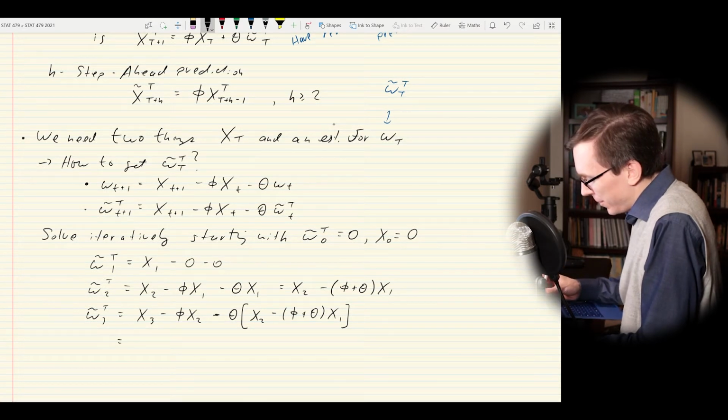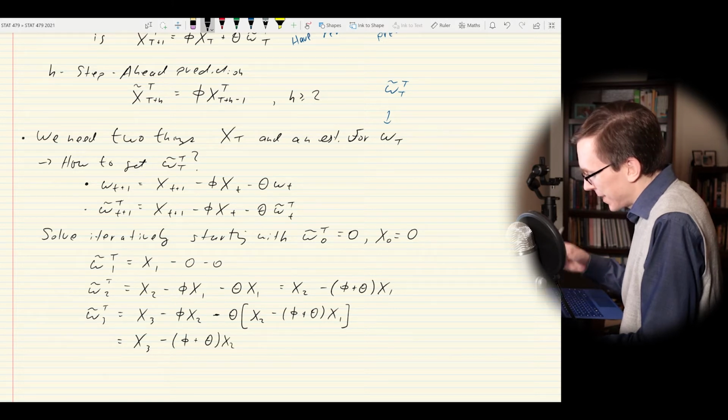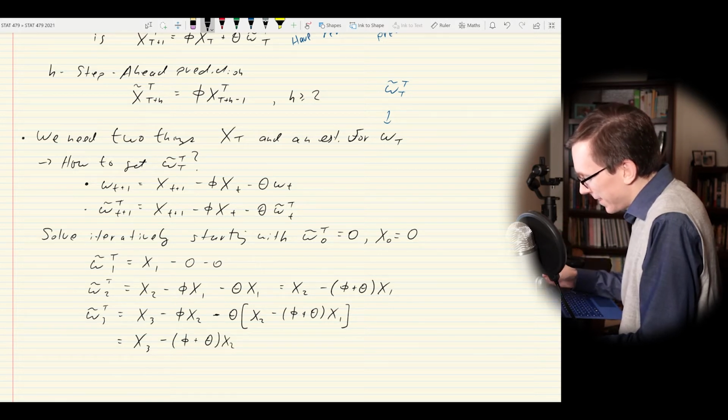Anyway, if we shove all these things together, we're going to get an x3. Actually, this is probably useful to write out, not just because I like writing out iterations, but because we can see what's happening here. We're going to get a plus theta times phi plus theta x1.